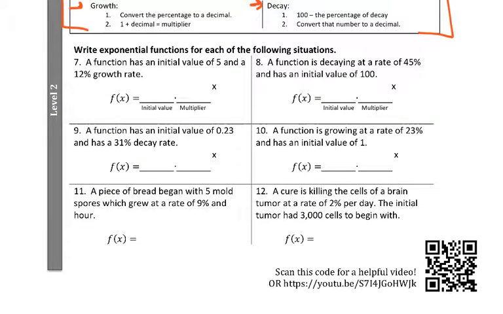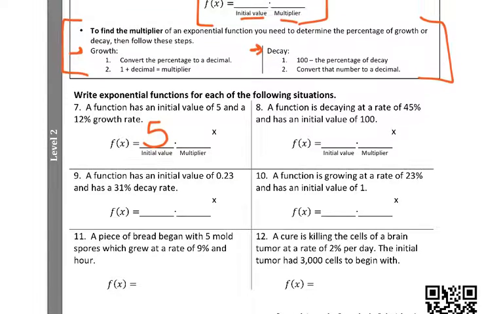So question 7. A function has an initial value of 5 and a 12% growth rate. So what we know there is that the initial value is 5 and it's growing at a rate of 12%. So I'm going to come up here and I want to use the growth instructions.